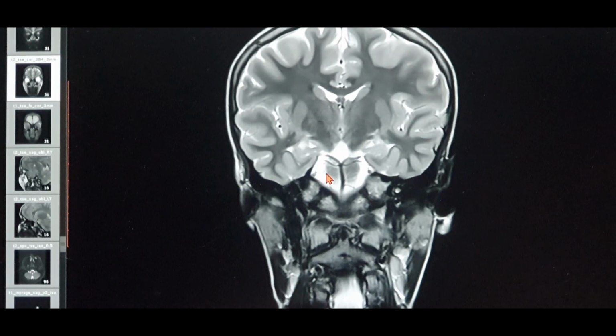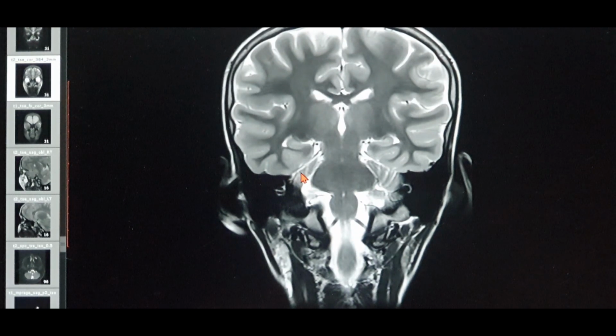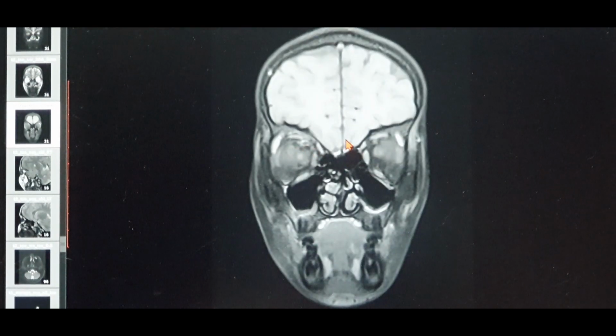You can see whatever you have repaired, the fat, you will have to visualize the fat and the CSF leak. The fat appears bright on T1. So this is a T1 scan. If you had a surgery over here, at the skull base, the fat will appear bright white on T1. Always remember that.